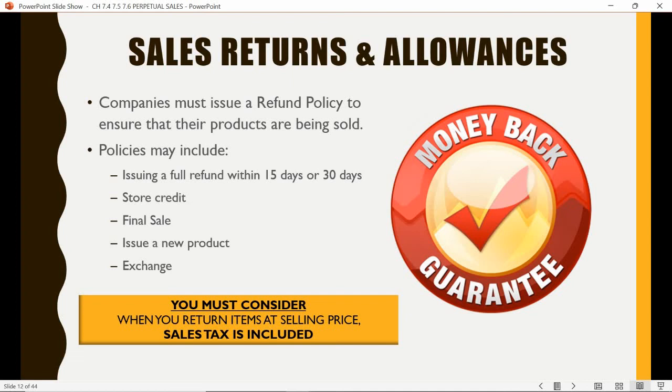It's their money that they are contributing to society. Okay. Now, with that being said, if you charge tax and you are giving a return, you must refund a portion of the money back. Okay.